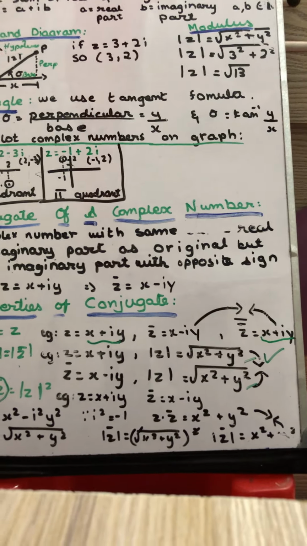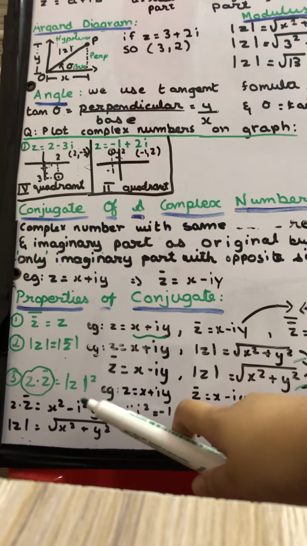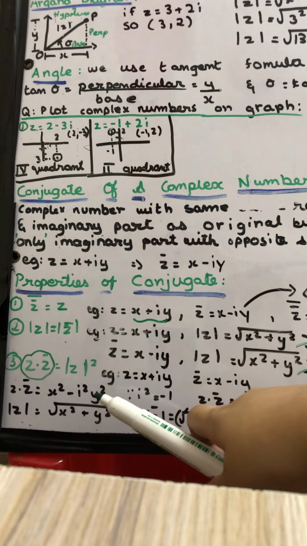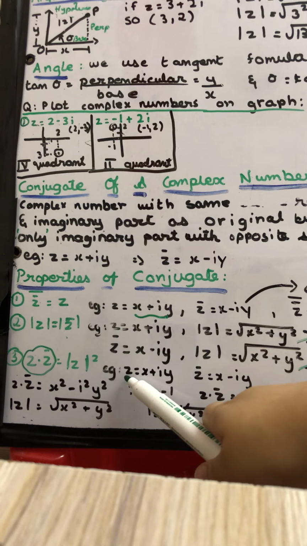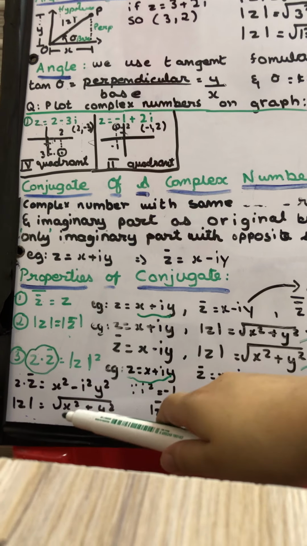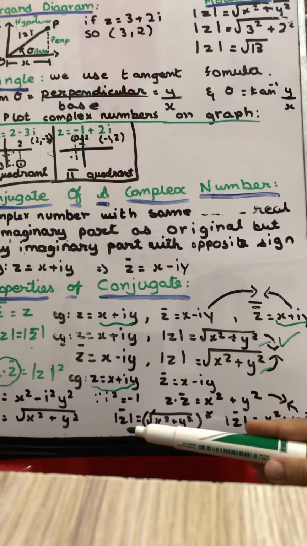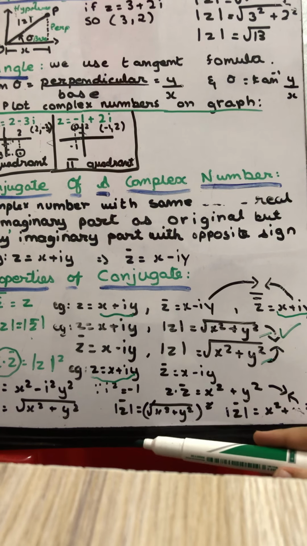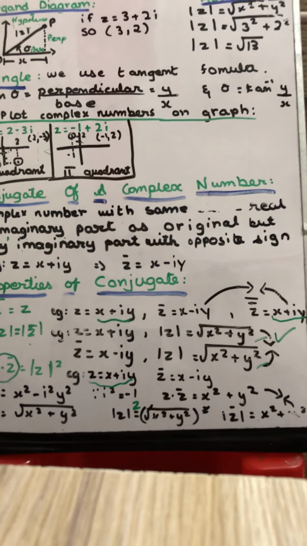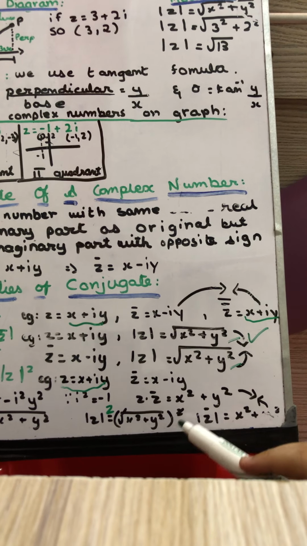Now you have to prove the right hand side. For the right hand side, first you find the modulus and then you square that. Very easy. So this was your number, x plus iota y. You find its modulus, so it becomes under root x square plus y square, and then you take the square of that modulus: under root x square plus y square, and outside the bracket you square it.